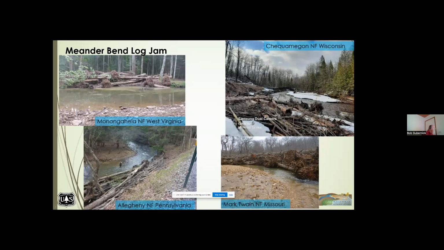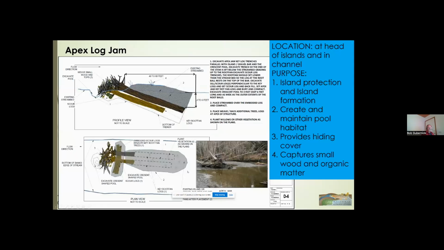Another one is the apex jam. Apex jams are used to form complex multi-threaded channels. They're used to protect islands, and they produce some great hiding cover and some small, crescent-shaped pool that forms up above.